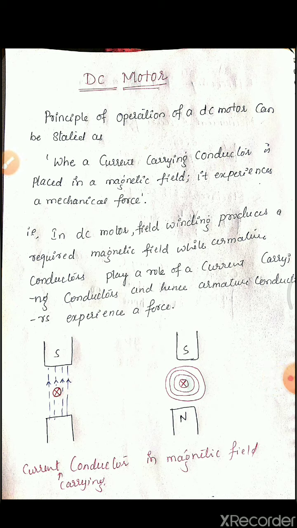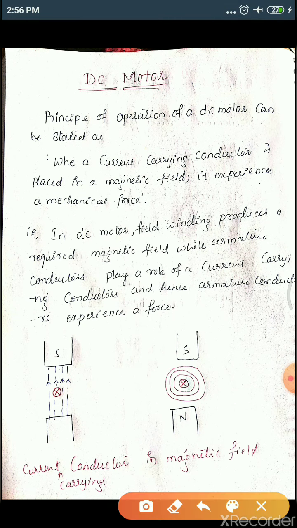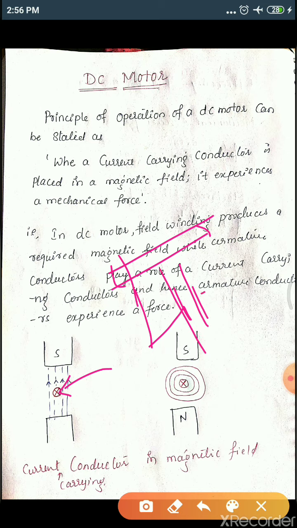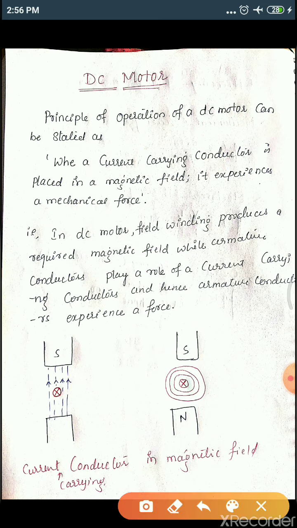We have seen the motoring action. Now remember this about the conductor: any current carrying conductor produces its own magnetic field. I hope you remember this. If you give a supply to this conductor, it starts producing its own flux.